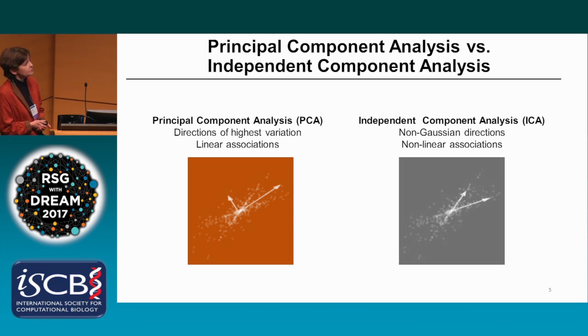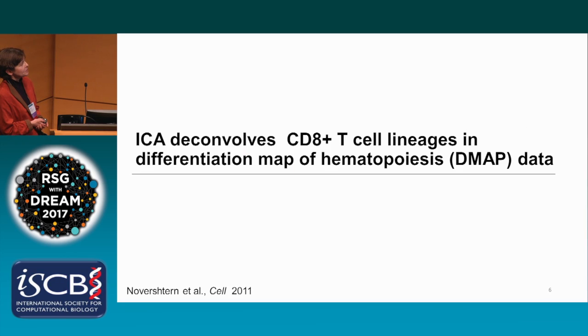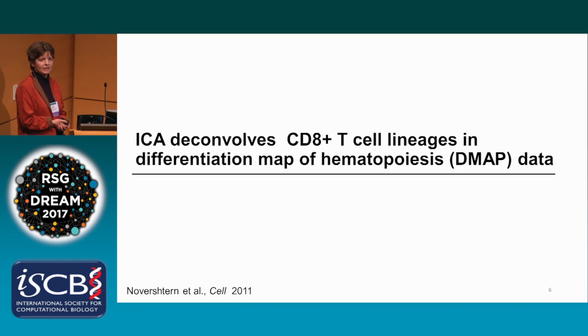Now, as a proof of principle of how these deconvolution methods work, let's look at how they perform on well-known data. It's the CD8 T-cell lineage in the differentiation map of hematopoiesis database, which is also known as DMAP. The data was published back in 2011 in Cell by Aviv Regev's group.